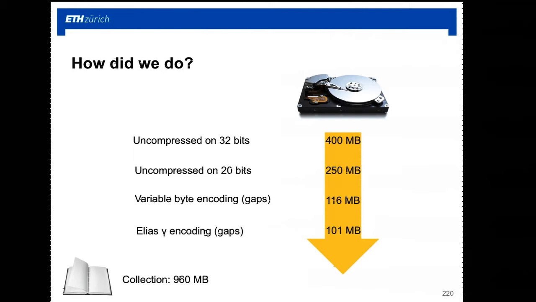Okay, and the size of the collection was 960 megabytes. So maybe you thought, how much space can an index take? Certainly much less than the actual input, right? But this is actually not true. You can see that the size of the inverted index here is half of the collection. So an index can be pretty big. Just because it's an index doesn't mean that it's much smaller than the collection.